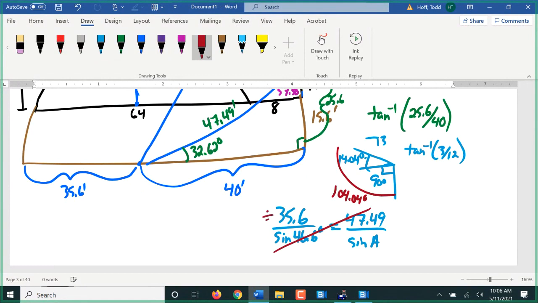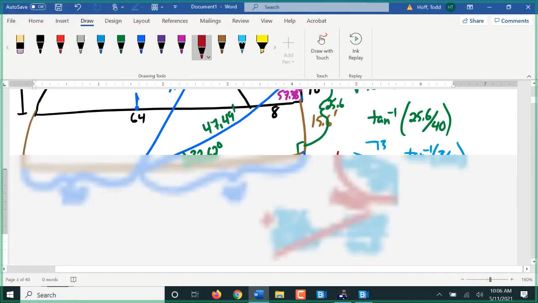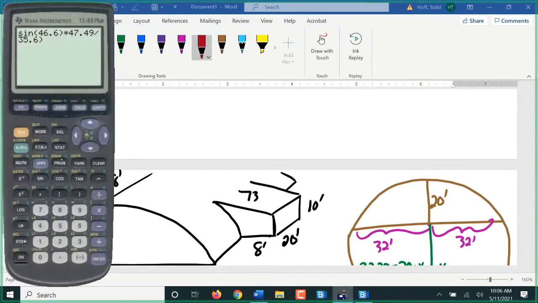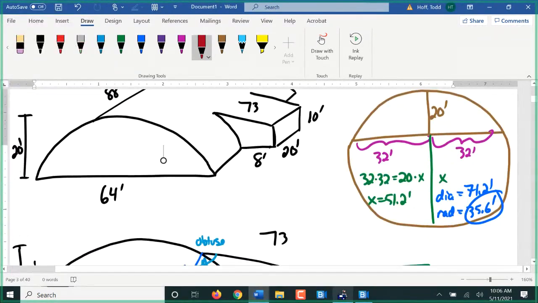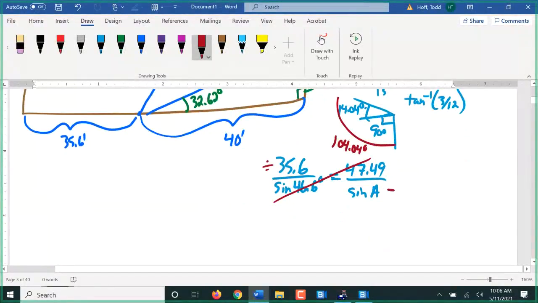Cross multiply and divide. Sine 46.6 times 47.49 divided by 35.6 is 0.9692. Remember, that is the sine of this. We have to do an inverse sine.